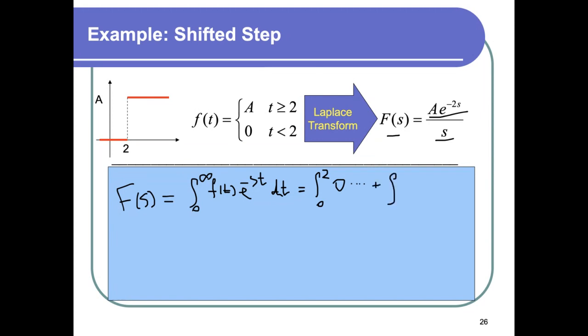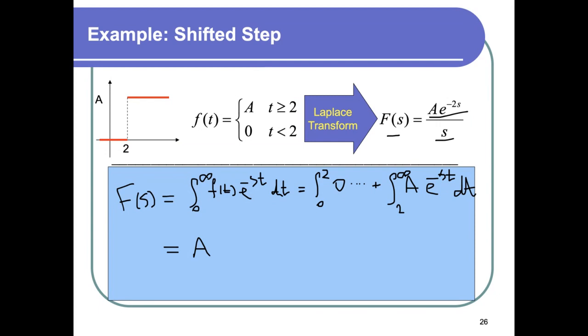Then you have the integral from 2 to infinity of a e to the power minus st dt. This is equal to what? I can take a outside the integral. It's just a scalar.